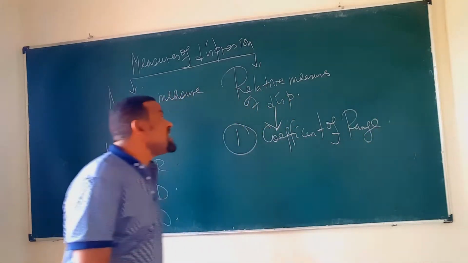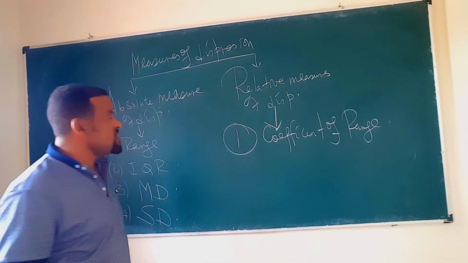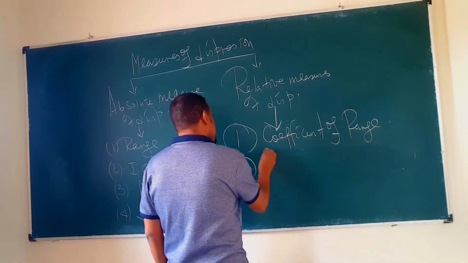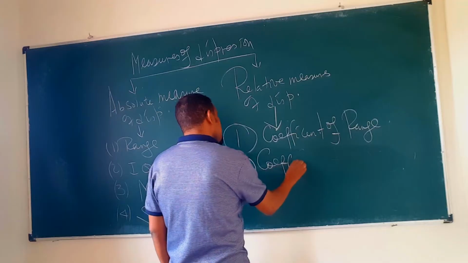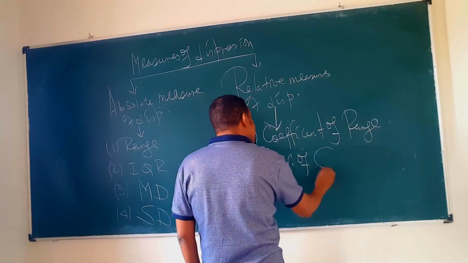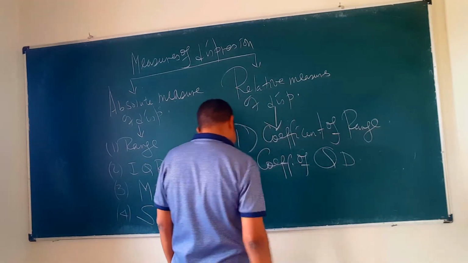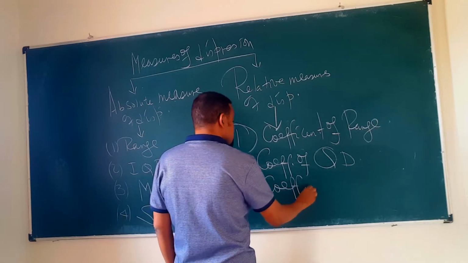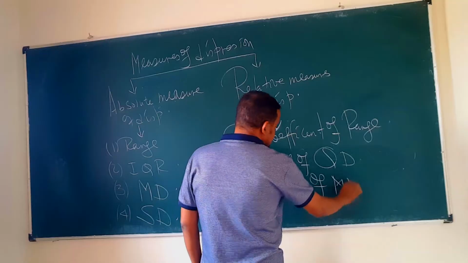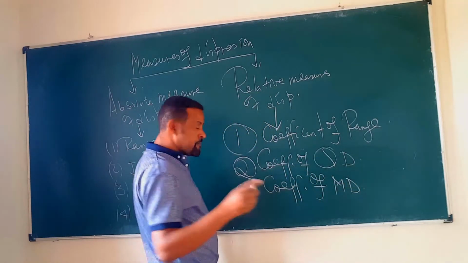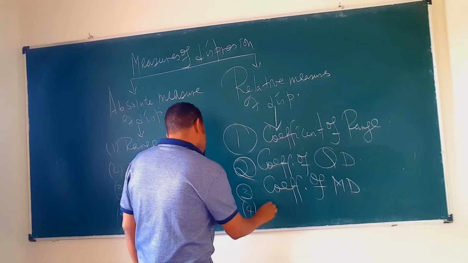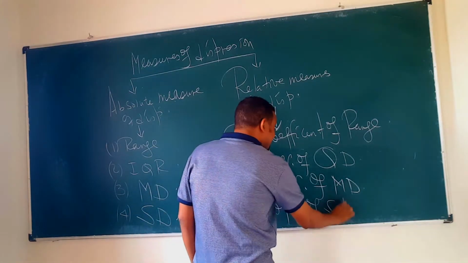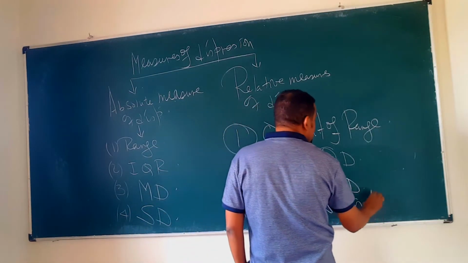So this relative measures of dispersion includes, one, coefficient of range; second, coefficient of quartile deviation; third, coefficient of mean deviation; and the fourth one, coefficient of standard deviation, or coefficient of variation.